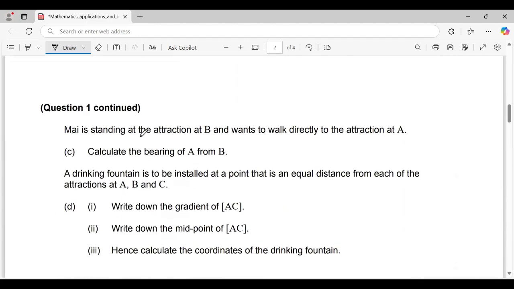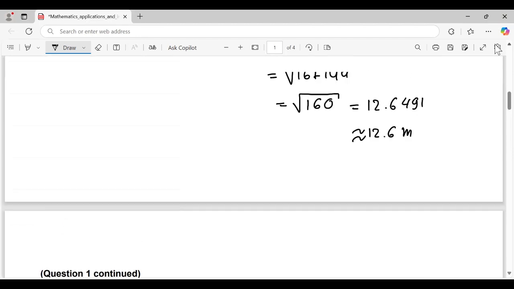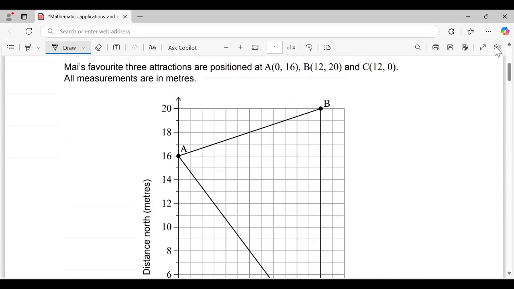May is standing at the attraction at B and wants to walk directly to the attraction at A. Calculate the bearing of A from B. So from B, look to A. It means we have to create the straight line here, and this is the bearing.